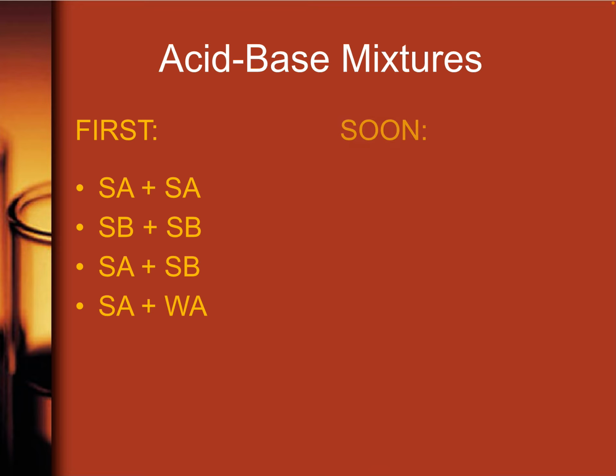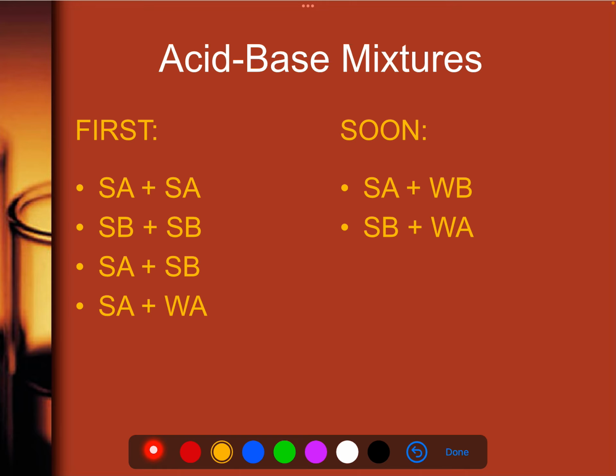Later this unit, we're going to look at neutralizations where we have an acid and a base, but one of them is strong and one of them is weak. We are not going to look at what happens if we have two weak substances together, however.